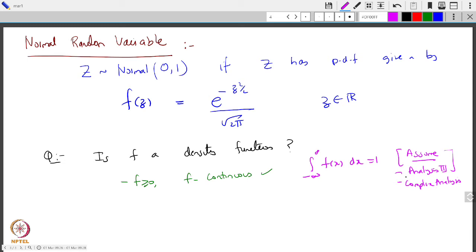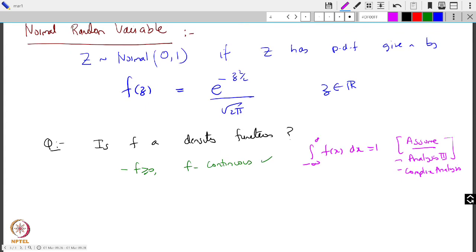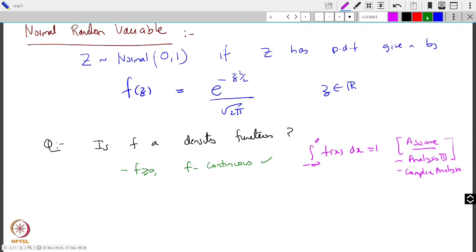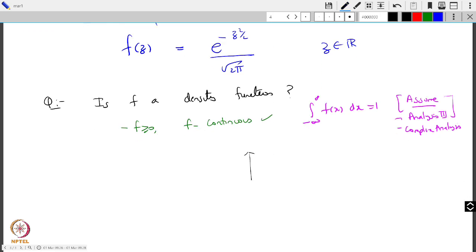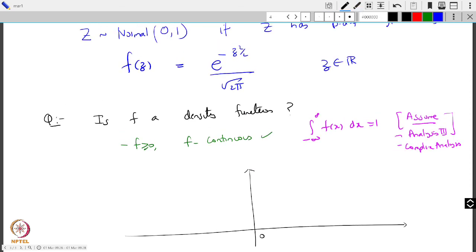Now let me try and understand how this random variable is behaving. So let's try and graph the density a little bit. Here's the axis. Here's 0. I don't know if you've done enough curve sketching in class 12 or otherwise. This particular function is e to the minus z squared by 2. As z goes to infinity and minus infinity, this function is going to go to 0.